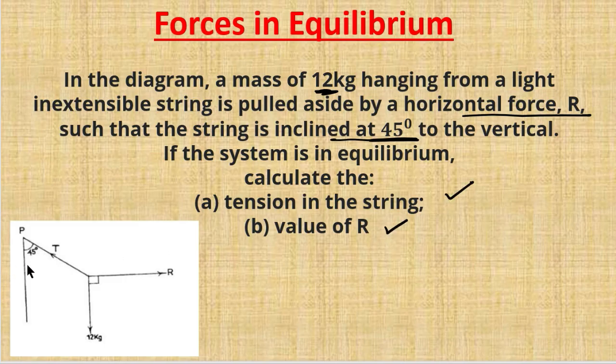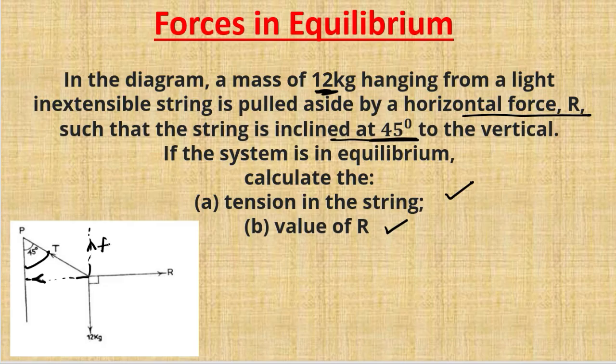Obviously, here you can see that the string is actually pulled to an angle of 45 degrees. The first thing I want us to do is to resolve the tension in this string to its various components, that is, to the x-axis and the y-axis. Resolving to the x-axis, you come this way, and you have the tension this way. Resolving to the y-axis, you have it this way, and you have the tension upwards.